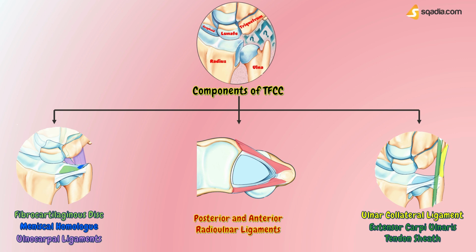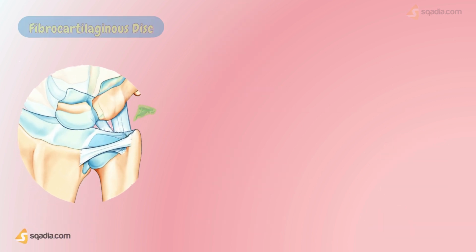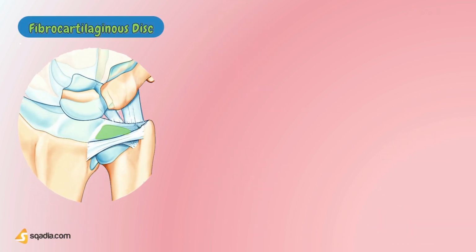These anatomical structures together make up the Triangular Fibrocartilage Complex. Let's look at these structures closely one by one, starting with the Fibrocartilaginous Disc.